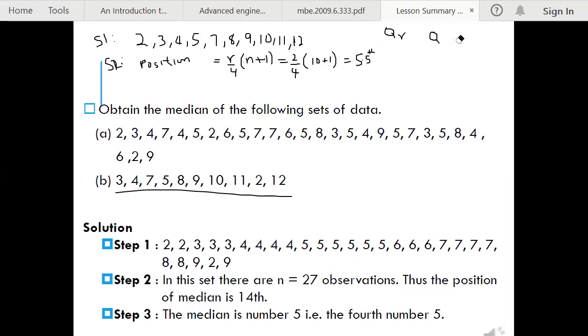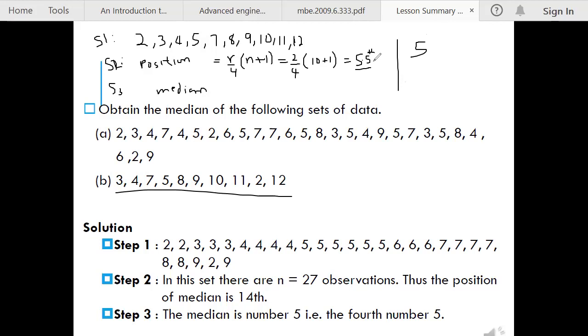In that case, we move on to the third step, which is to find the median itself. From the perspective of the position, we're saying it's the 5.5 position.